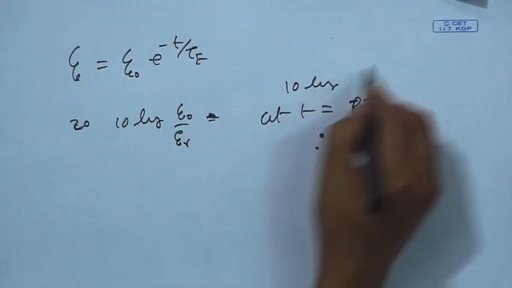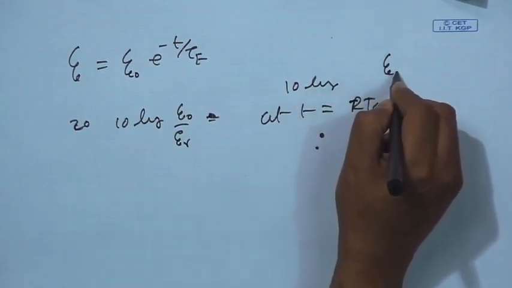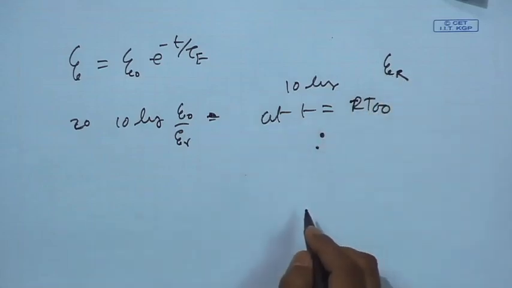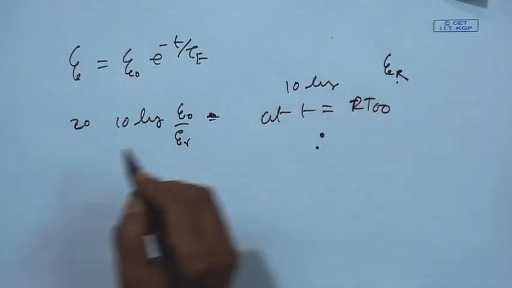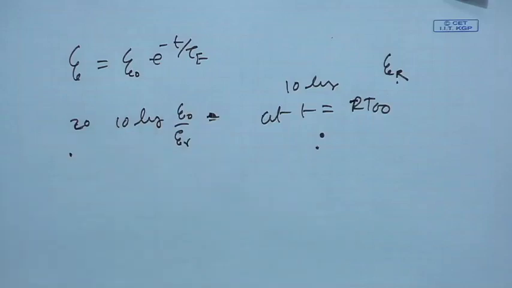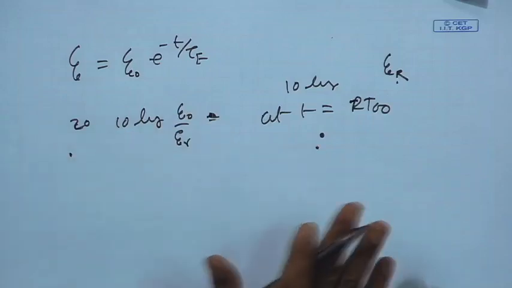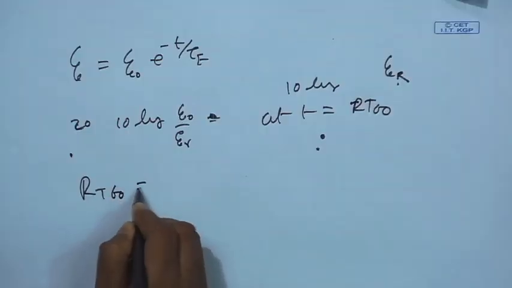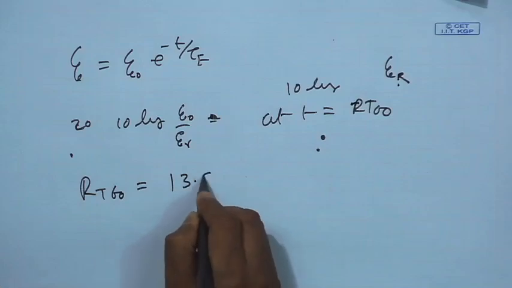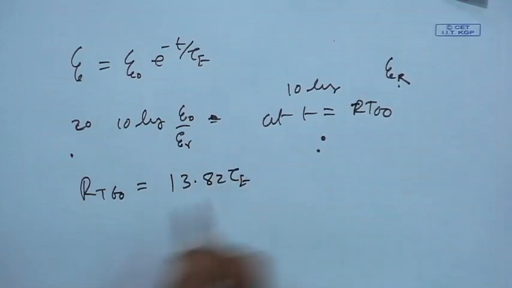Let us say psi is psi r. So, psi 0 and psi r differ by 60 dB. If it is that, then I can calculate RT60 is nothing but 13.82 tau e.